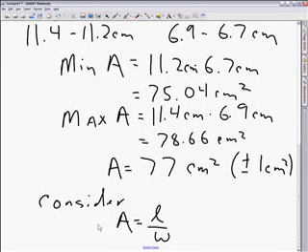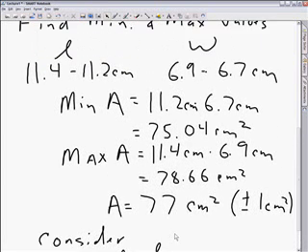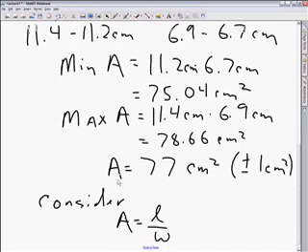Now consider the case where we have some value, not our area, but some value A equal to L over W. Now, to get the minimum and maximum values, we'll have to switch these around a little bit, right?